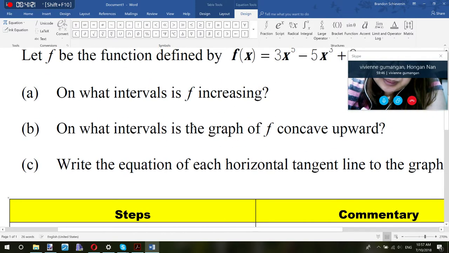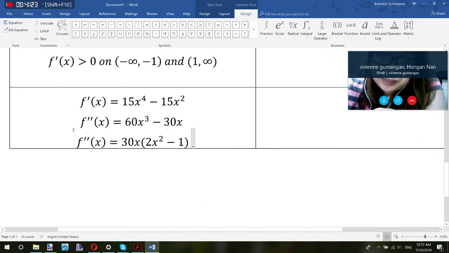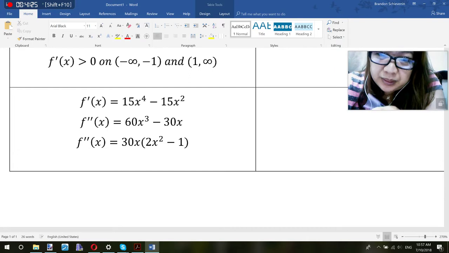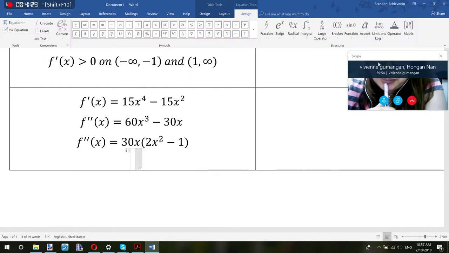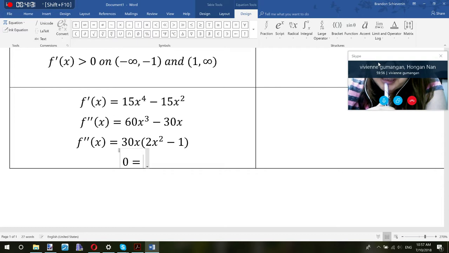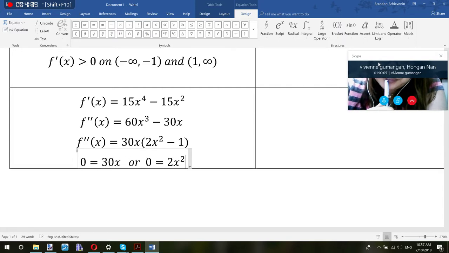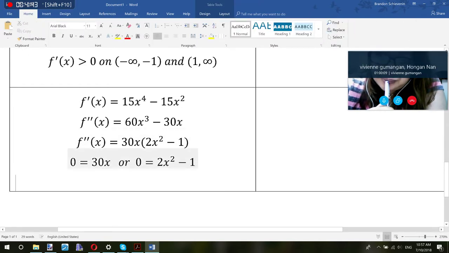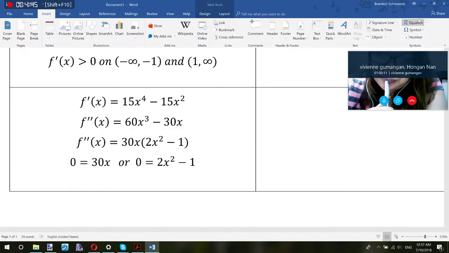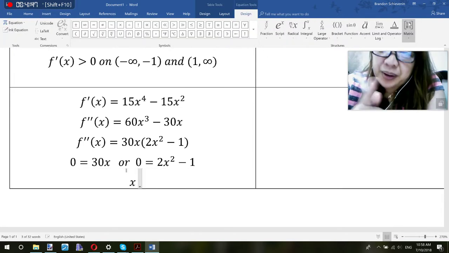Okay, so we were asking where are we concave up? So what's the next thing I need to do? I need to set it equal to 0, so I can take the x from x to 0 and then positive and negative. Very close.